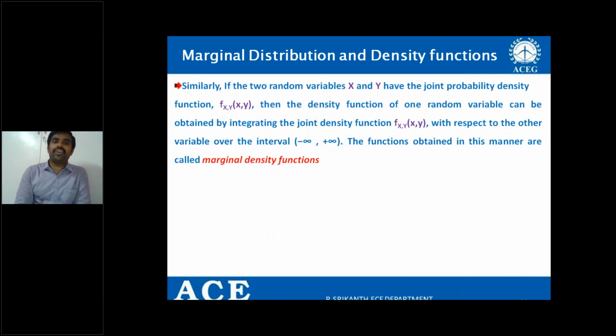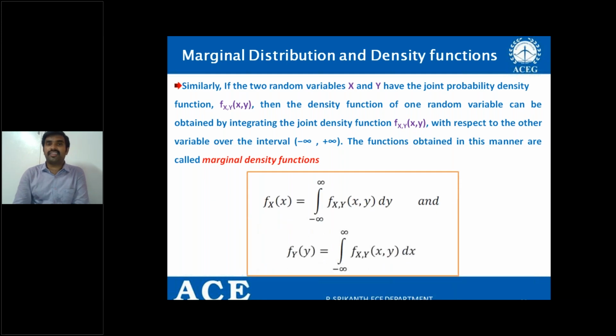If the two random variables x and y have the joint probability density function fX,Y of x comma y, then the density function of one random variable can be obtained by integrating the joint density function with respect to the other variable over the interval minus infinity to plus infinity. The functions obtained in this manner are called marginal density functions.